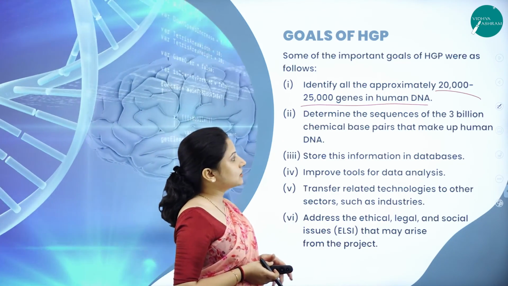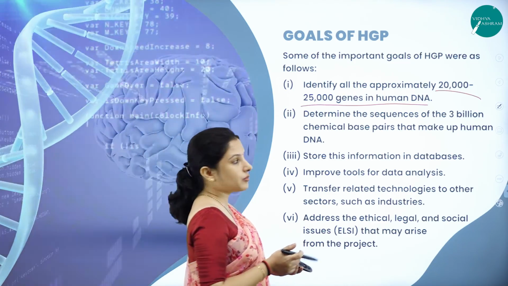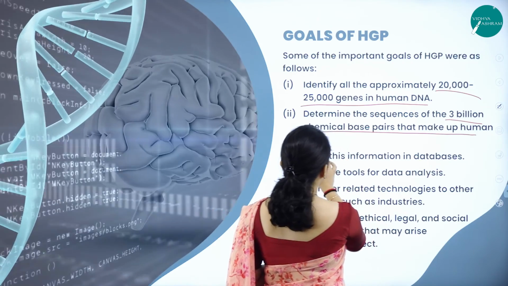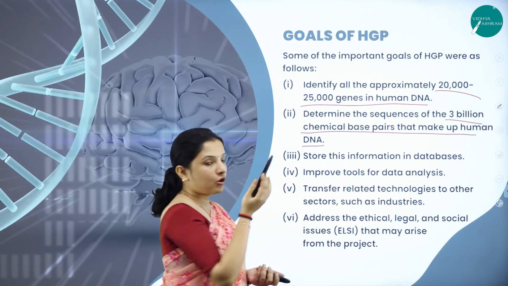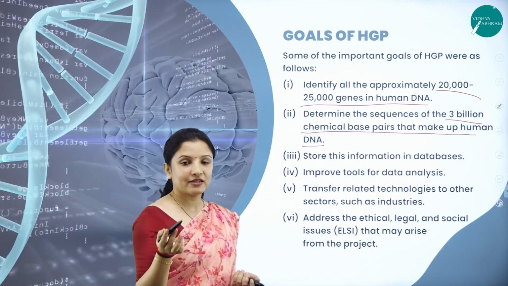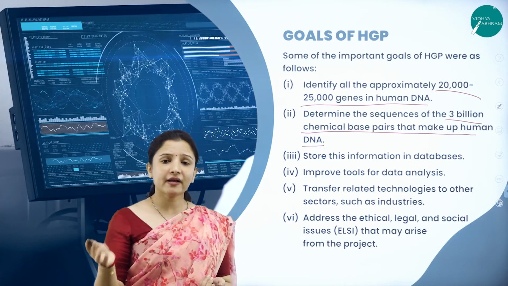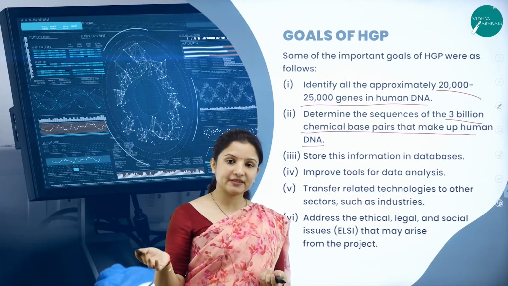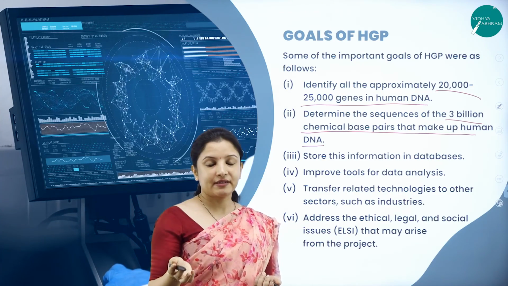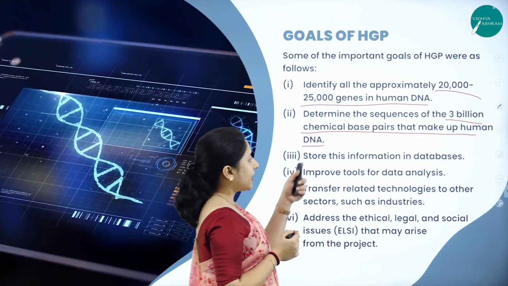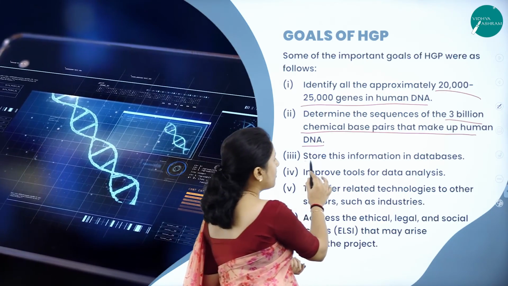And to determine the sequence of the 3 billion chemical base pairs that make up the human DNA. Imagine the human DNA is made up of 3 billion chemical base pairs, and cracking those base pairs and storing them as data in bioinformatics was also one of their goals, and to store information in the form of databases.